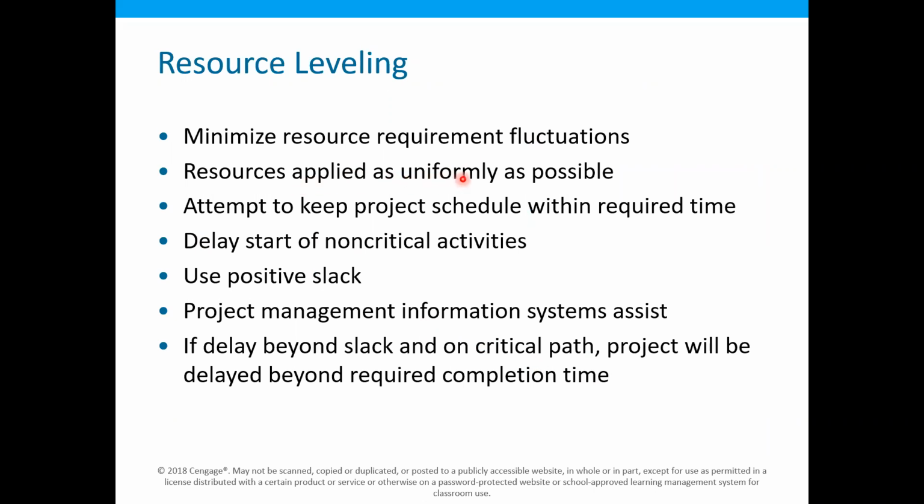That means these fluctuations need to be reduced, and later on we will see how we can reduce those fluctuations. Resources are applied as uniformly as possible. So when we can reduce the fluctuations, of course, the resources will become more uniform on the project.